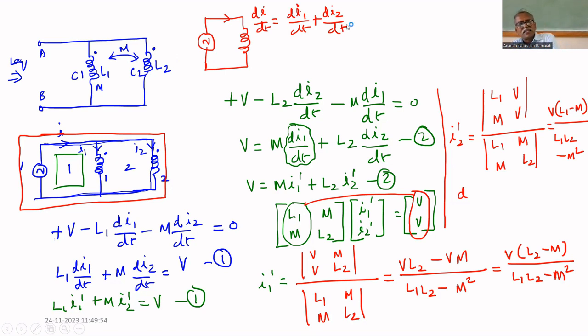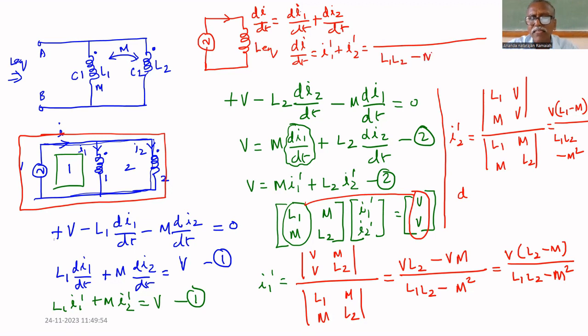Its change in current is the change in I1 plus the change in I2. That is the L equivalent. That's why I had to add these two together. To find di by dt, I dash equals I1 dash plus I2 dash. What will you get?